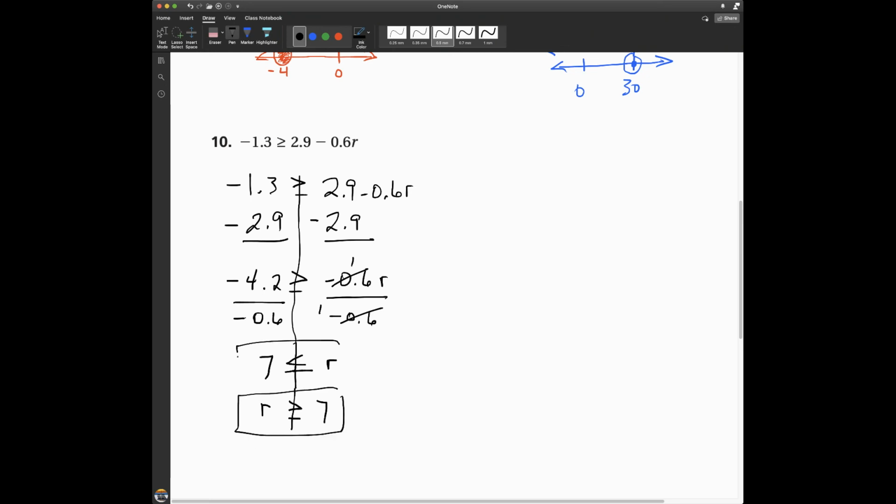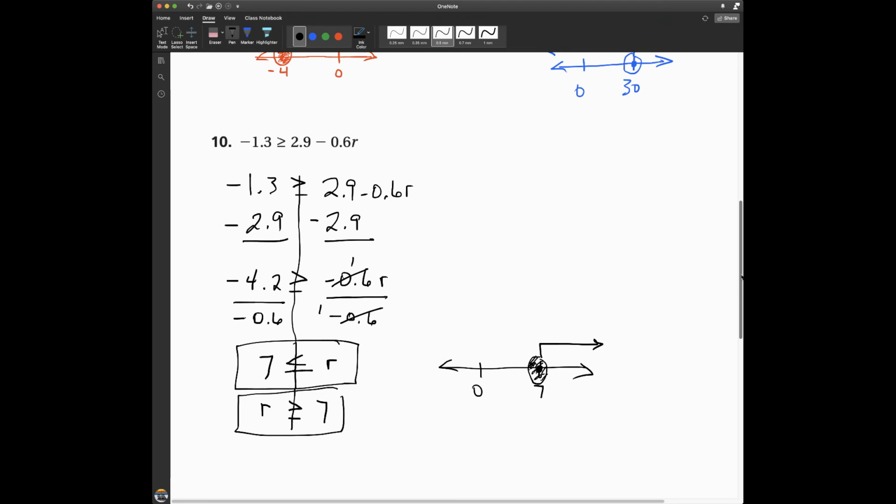Okay, both of these are the correct answer. And you can go ahead and graph this one. I've got 0, here is 7. I put a circle around that. And r is greater than 7, and it's also equal to 7. So there you go.